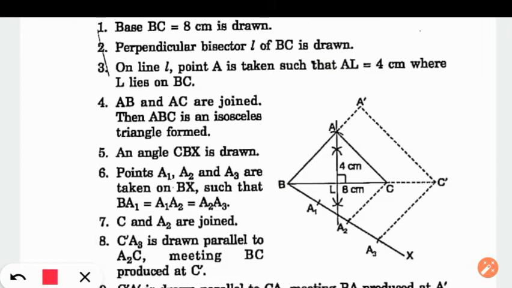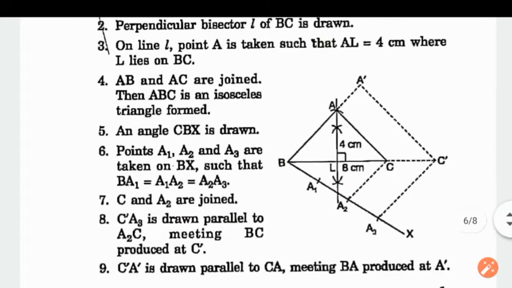We have to use that 2 also. How? Now from the point A2. Why A2? Because 2 is there. In 3 by 2 we have 2, that is why take A2 now. So from A2 draw a line which will join C, or you can say join A2 and C. C and A2 are joined.